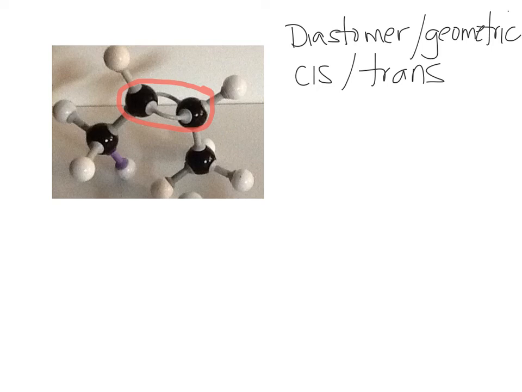And what you do is, if the hydrogens are on the same side, this would be called a cis isomer.